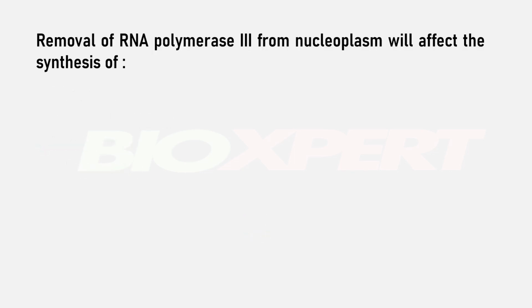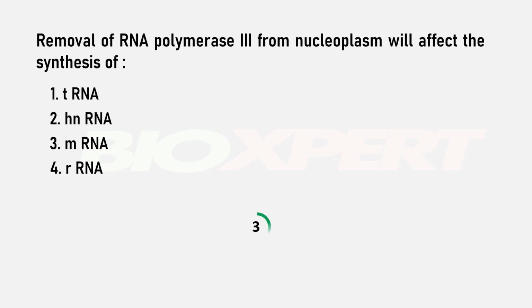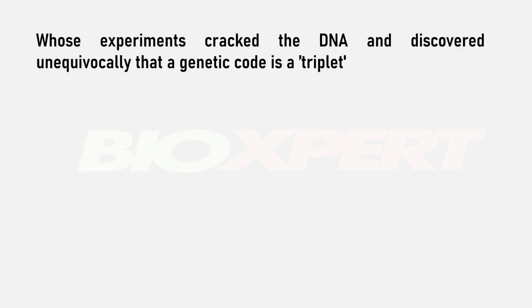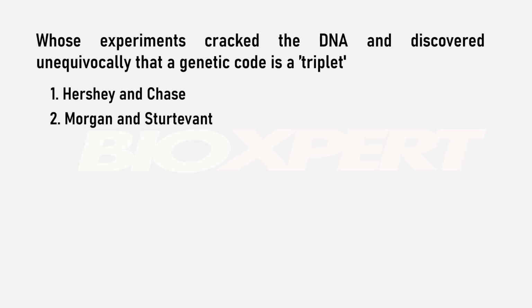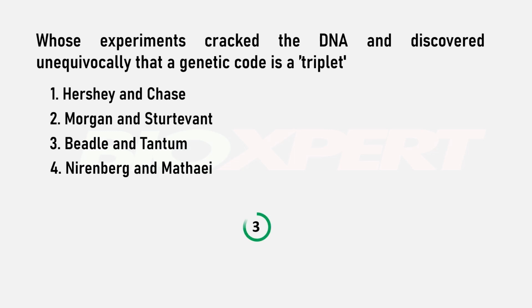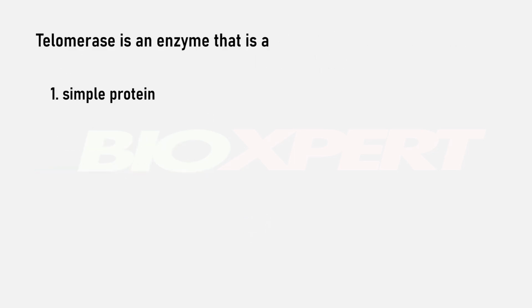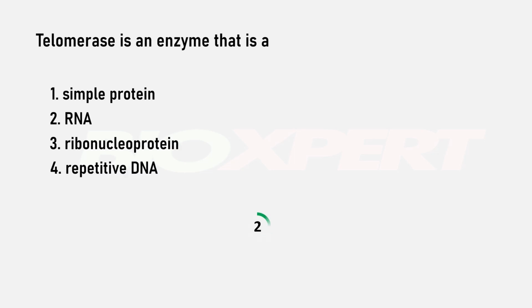Ambiguous. Removal of RNA polymerase III from nucleoplasm will affect the synthesis of tRNA. Whose experiments cracked the DNA and discovered unequivocally that a genetic code is a triplet? Nirenberg and Matthaei. Telomerase is an enzyme that is a ribonucleoprotein.